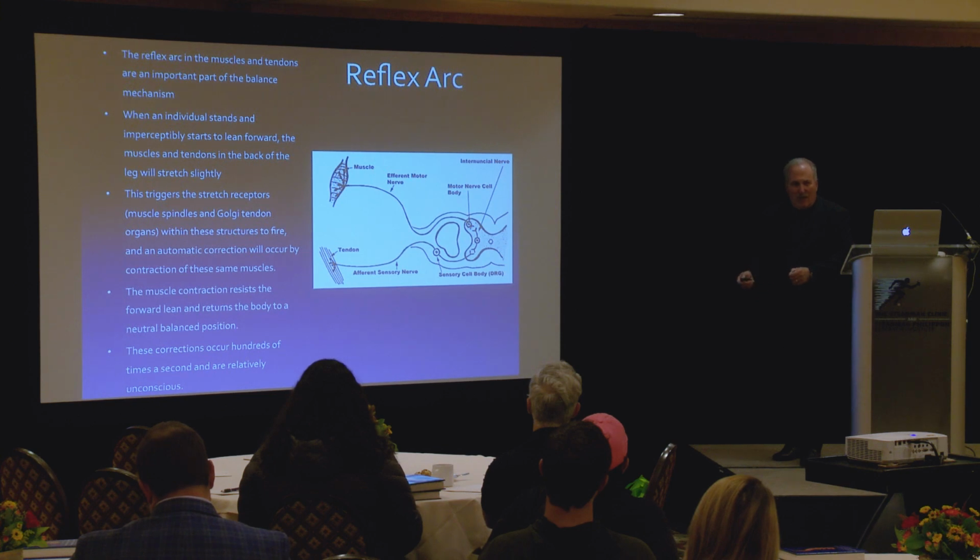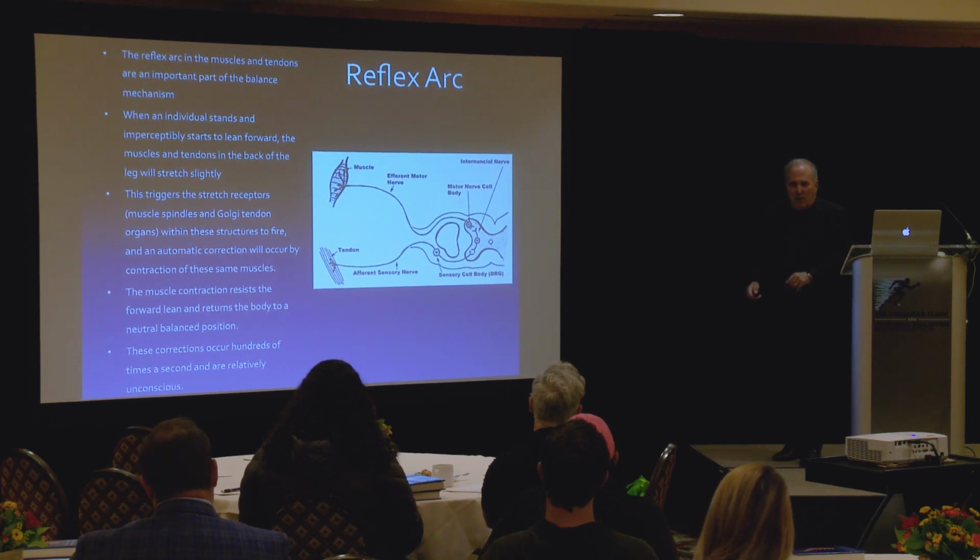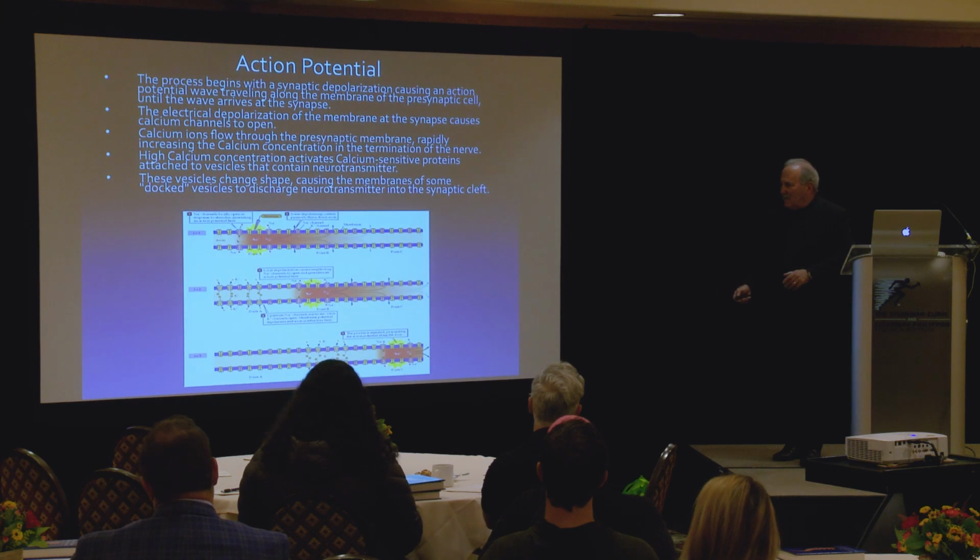What happens with myelopathy? There's no inhibition. This internuncial nerve is a brake. It slows things down. So if you have an injury to the cord, you lose that brake, and that's why you get hyperreflexia and clonus and things like that. So it all makes sense.